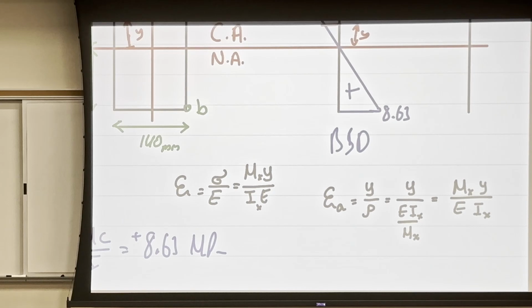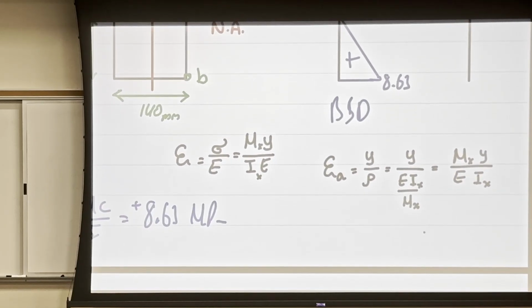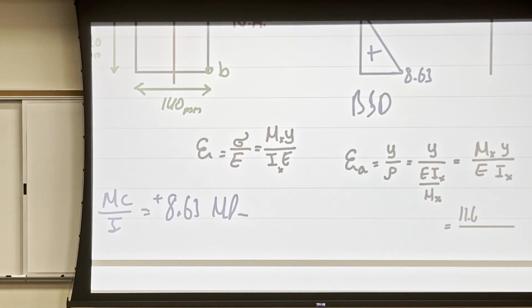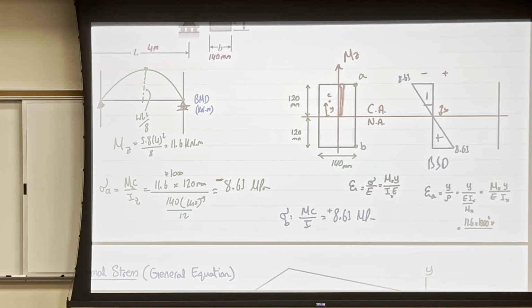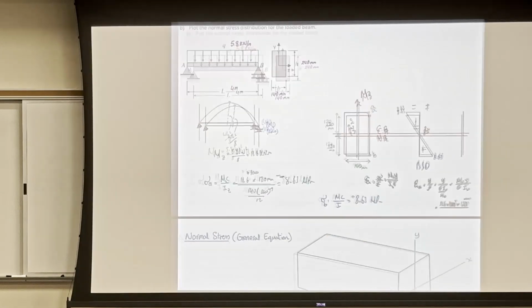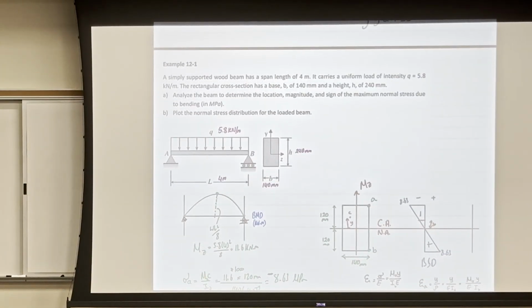Okay, so I will calculate the strain at A. The moment here is 11.6, and I'll multiply by 1,000 squared because I want to convert kilonewton to Newton, and meter to millimeter. And y is the distance from the centroid to point A, which is 120 millimeters, over E. E in this question was not given, but for wood, E is 11 gigapascal, and gigapascal is kilonewton per millimeter squared.